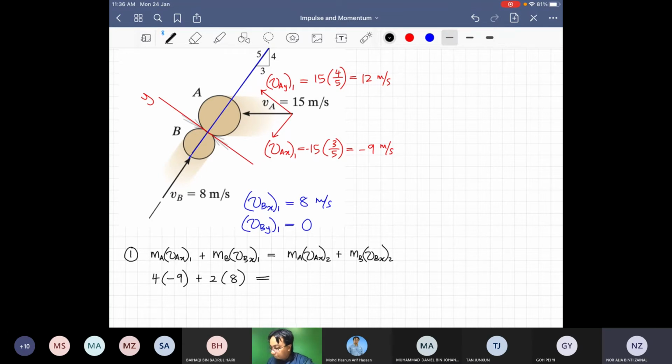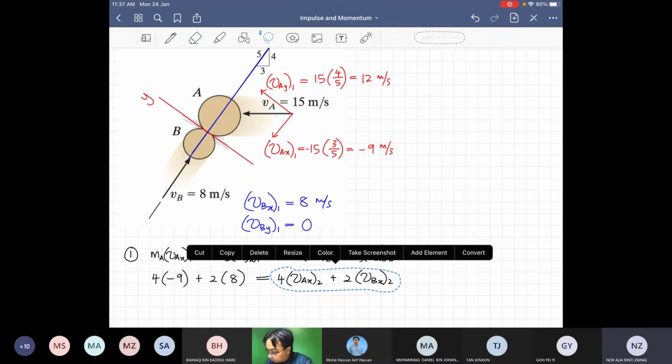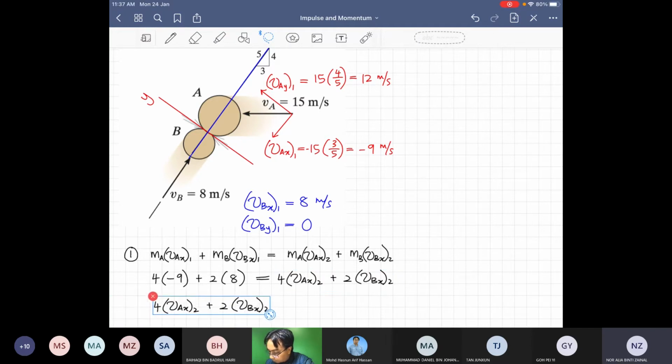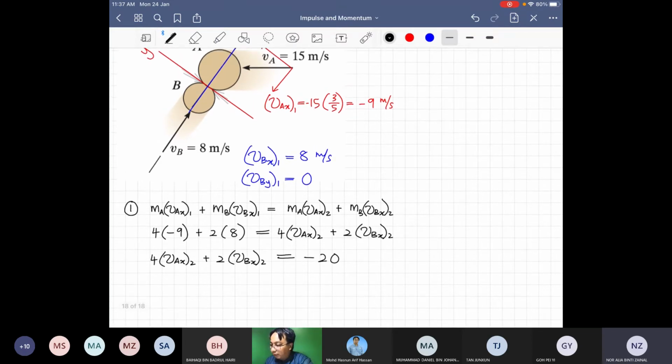This equals MA is 4, VAX2 is unknown, so we write VAX2, plus 2, VBX2 is also unknown, so we write VBX2. In the end we can move the unknowns to the front. So we get 4 VAX2 plus 2 VBX2 equals 4 times minus 9 plus 2 times 8, which gives minus 20. So this is the first equation, which we cannot solve yet.